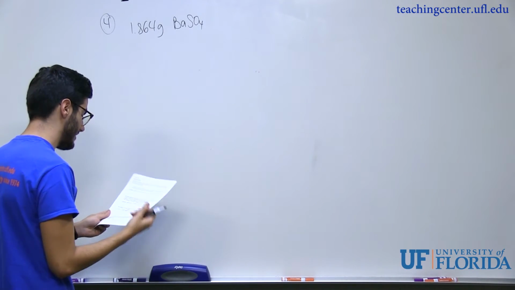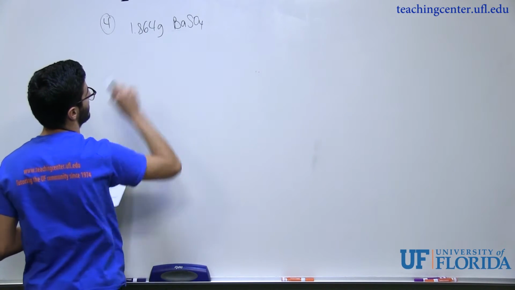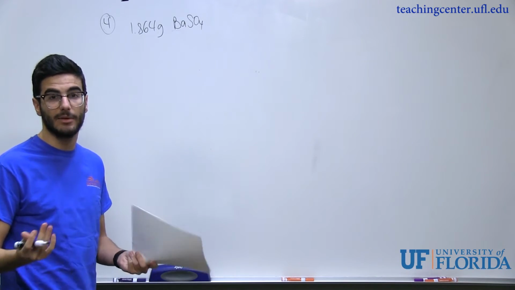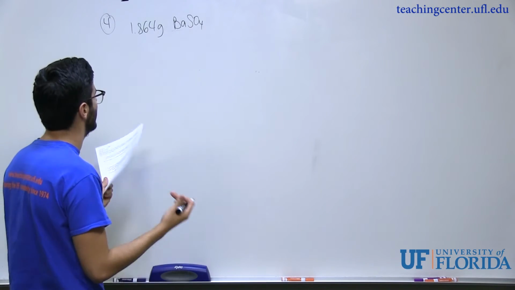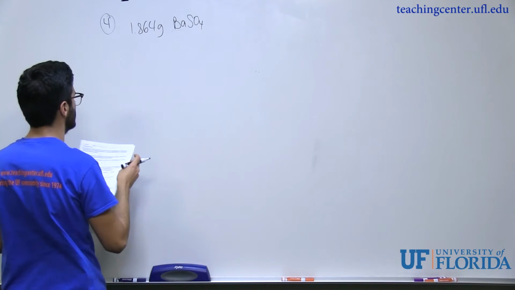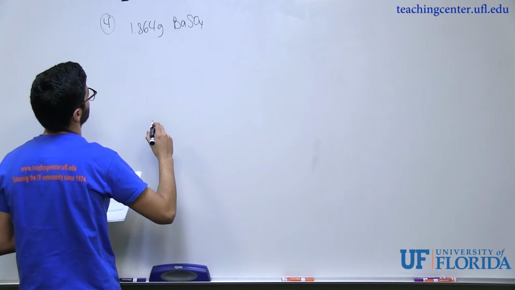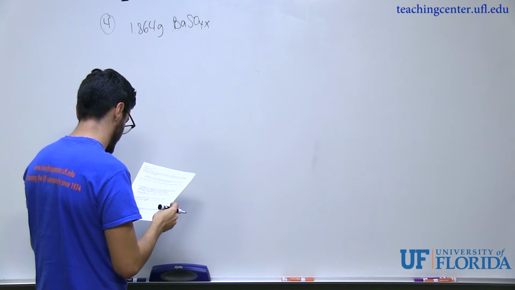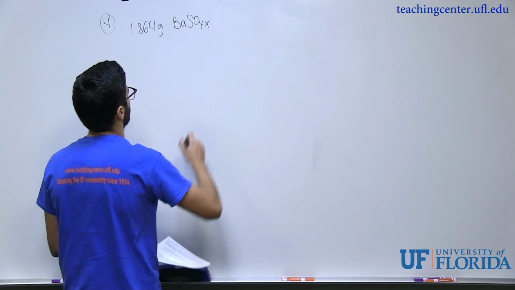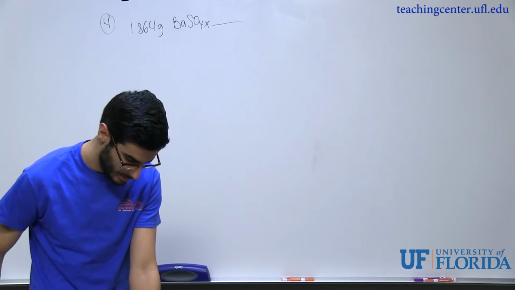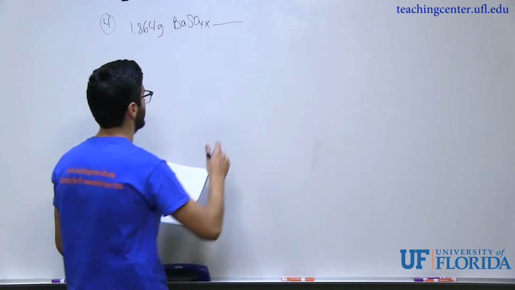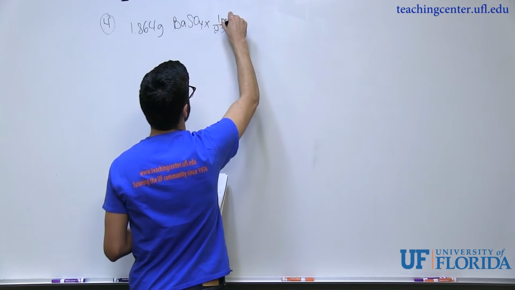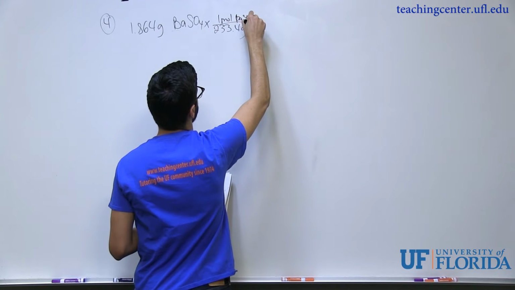So if I know my barium is my limiting reactant, that's my link to the barium sulfate. You always have to be thinking about the number they give you, what's the link back to the thing I really want. I wanted barium chloride, and my link between barium sulfate and barium chloride is my barium. So if I had 1.864 grams of barium sulfate, we can do some stoichiometry. I know there are 233.4 grams per 1 mole of BaSO4.